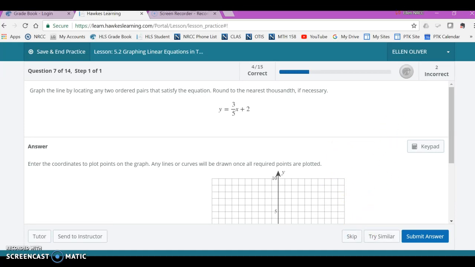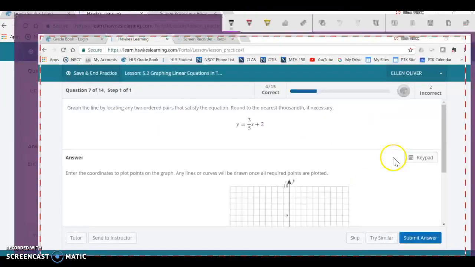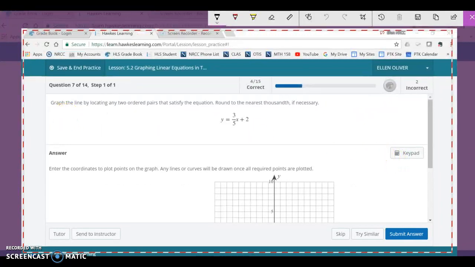Okay. So the strategy with this guy is that you still want to do your t-chart and you want to plug in x equals 0 because that's super easy. That just goes away. So y is 2. Now for your second x that you want to plug in, you want to plug in the denominator of the fraction for x.